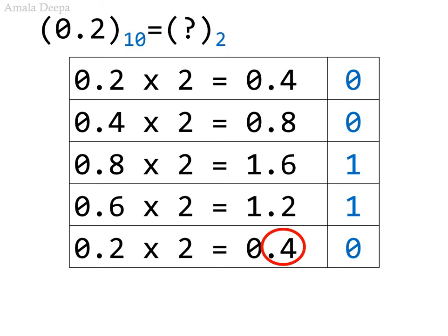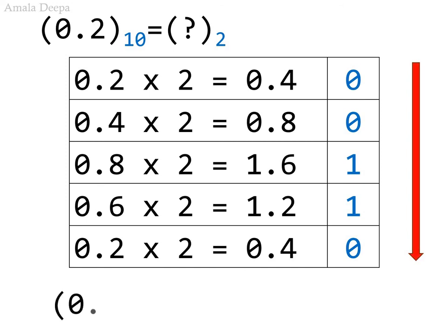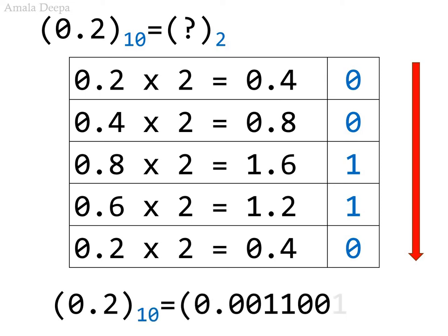So I stop here and write the answer from up to down. That is 0.2 base 10 is equal to 0.00110011 base 2.